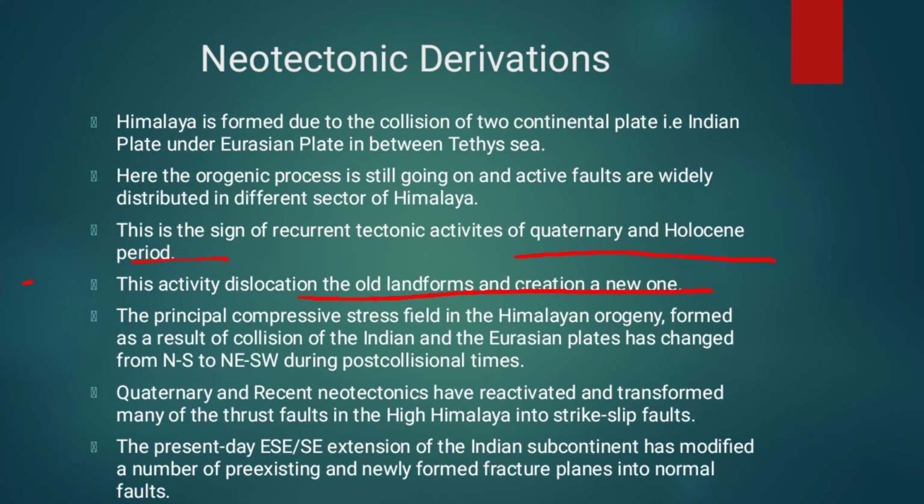The principal compressive stress field in the Himalayan orogeny, formed as a result of the collision of the Indian and Eurasian plates, has changed from north-south to northeast-southwest due to the post-collisional effects.